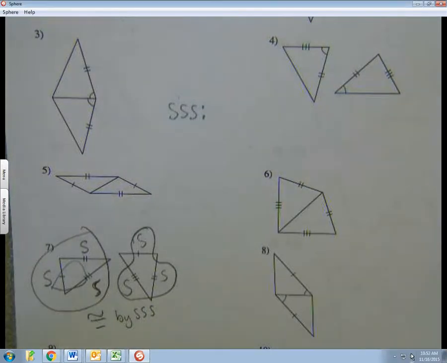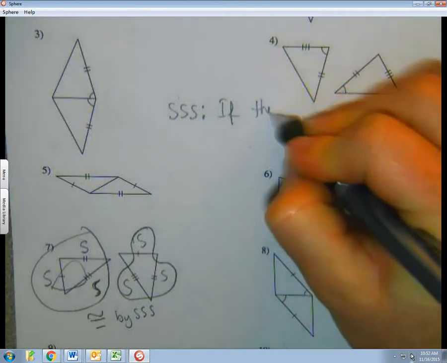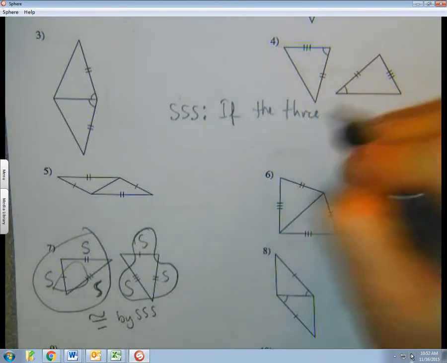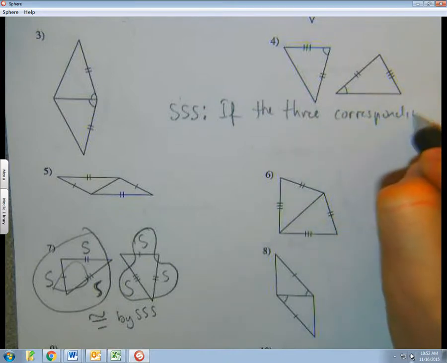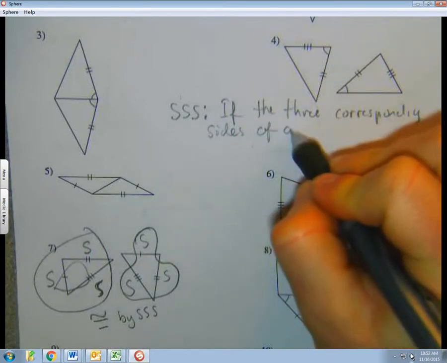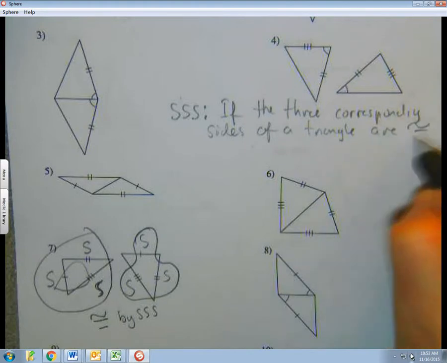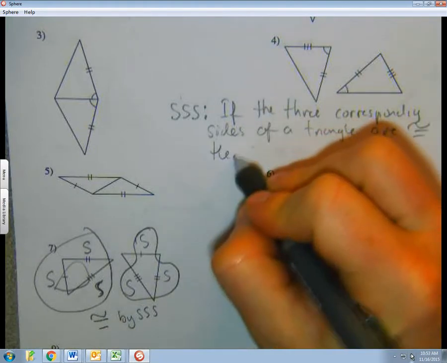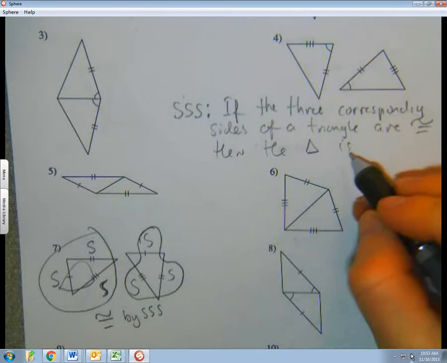Side, side, side: if the three corresponding sides of a triangle are congruent, then the triangles are congruent.